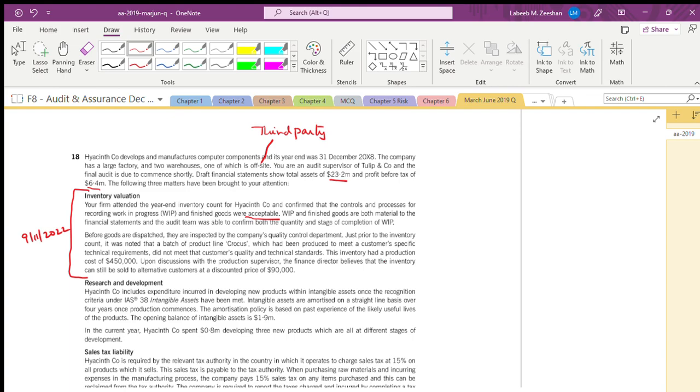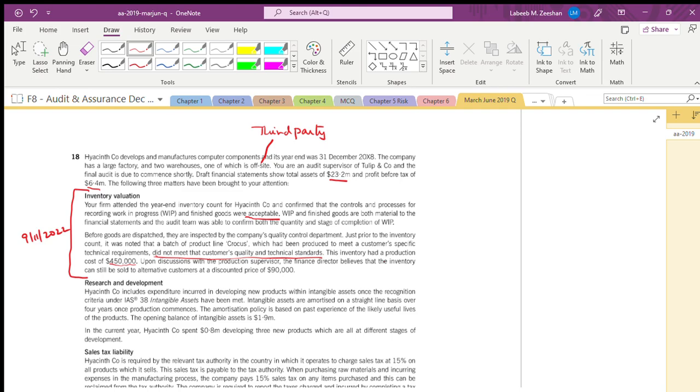Just prior to the inventory count, it was noted that a batch of product line produced to meet customer-specific technical requirements did not meet the quality and technical standards. Now, performance materiality.